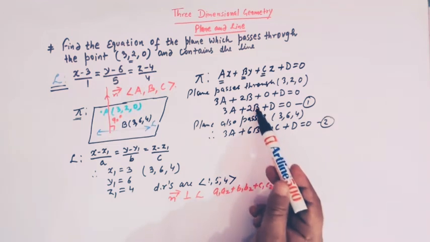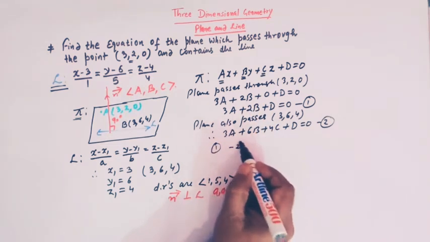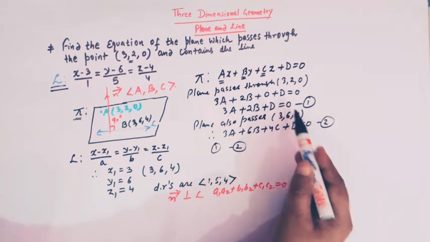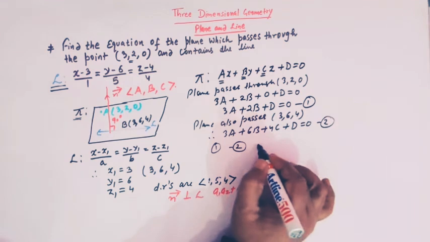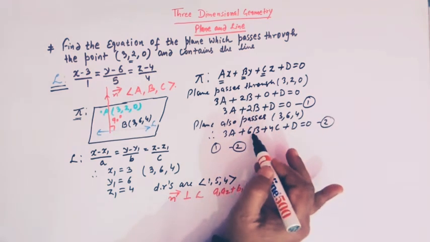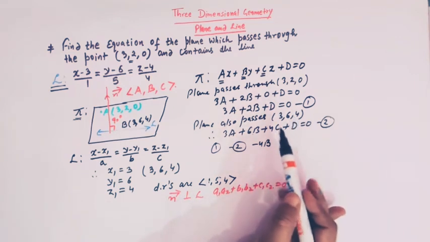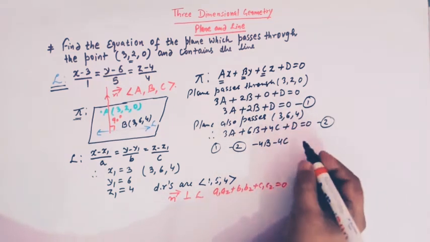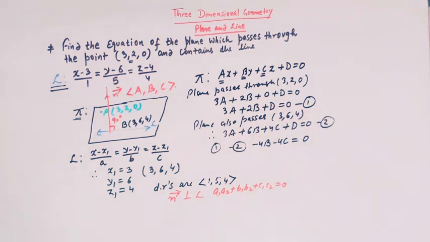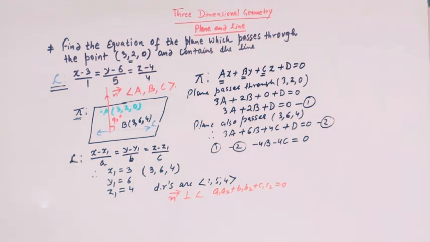Now if we subtract both these equations, that is subtracting 2 from 1, we have 3a and 3a get cancelled, and 2b minus 6b is minus 4b, and here we have minus 4c, and d also gets cancelled. So we have the equation minus 4b minus 4c is equal to 0.